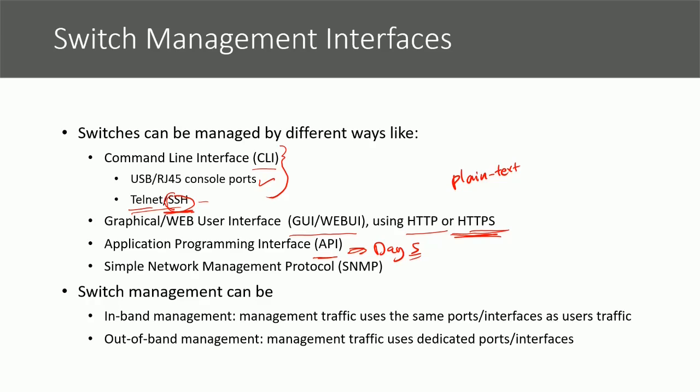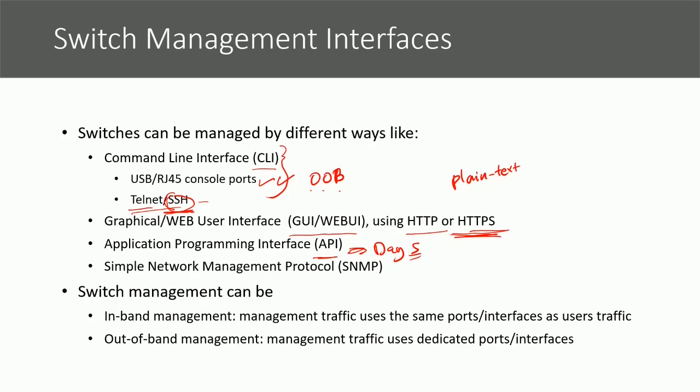Telnet or SSH can use in-band or out-of-band ports to manage the switch. In addition to the console port, Cisco switches have a dedicated Ethernet port for out-of-band management or OOB, which stands for out-of-band management. This port can be used to manage switches from a dedicated network for management only.